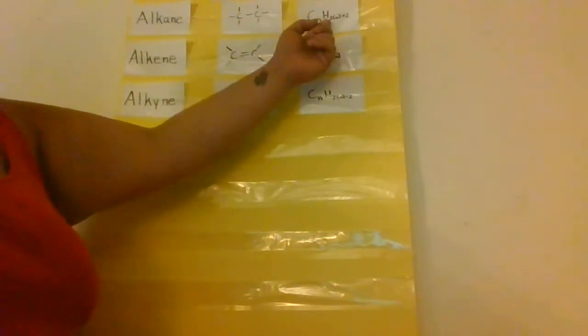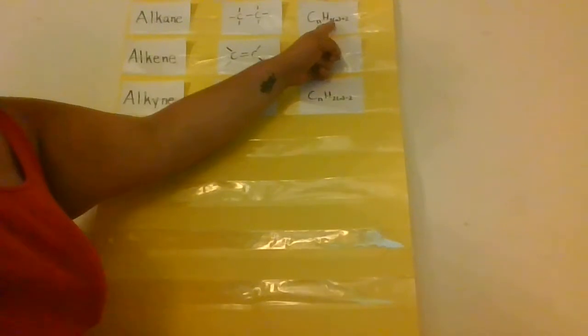So this is letting me know that n is going to represent the number of carbons that I have in my structure. And for me to determine how many hydrogens I should have for an alkane, I would take 2, multiply that times the amount of carbons there are in the structure, and add 2.